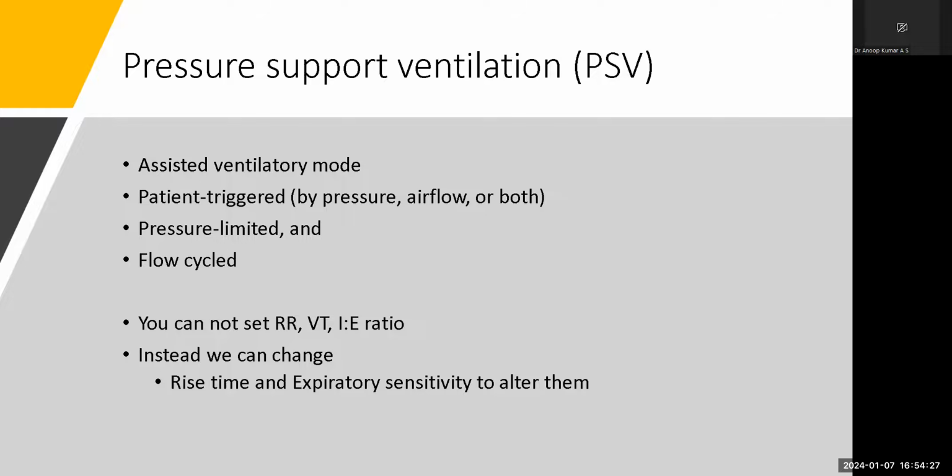So this is very, very important. You cannot change the I:E ratio settings in a PSV mode or any NIV mode also. So here we are adjusting that by adjusting the rise time, expiratory sensitivity, or sometimes we'll be having a minimum inspiratory time and a maximum inspiratory time.